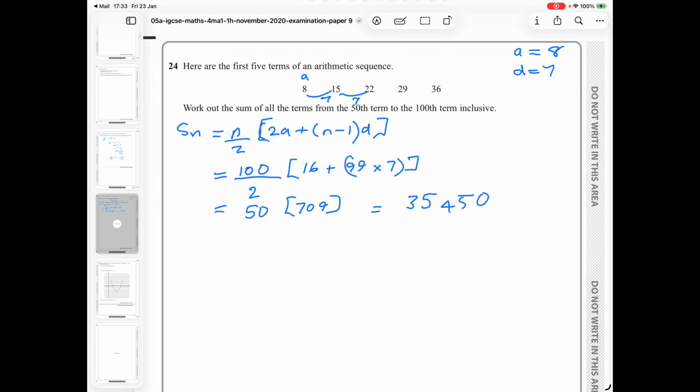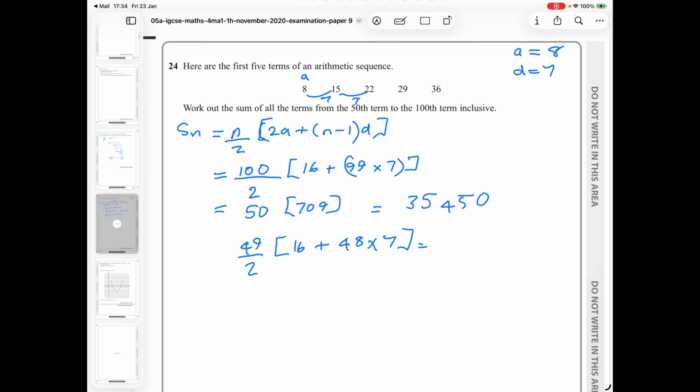That's not the answer, because we've now got to get rid of the terms up to the 49th term, because the 50th term is included. So let's now try 49 over 2 times (16 plus 48 times 7). And then we take that away.